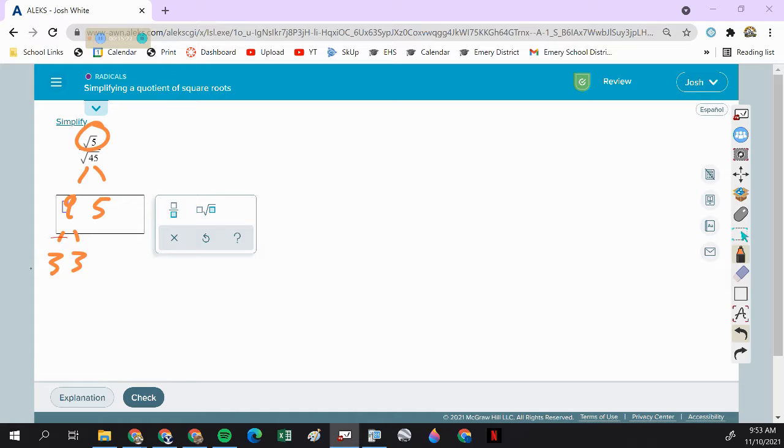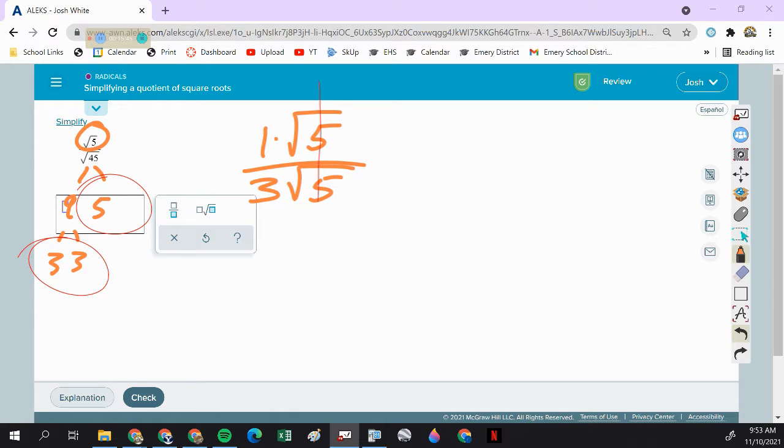A 3. So on top, I have the square root of 5. And on bottom, I have what? 3 on the outside and a 5 left inside. Does that simplify? Yeah, those cancel. And I'm just left with 1/3.